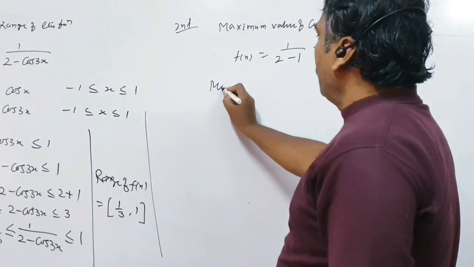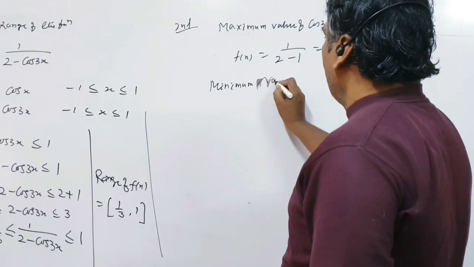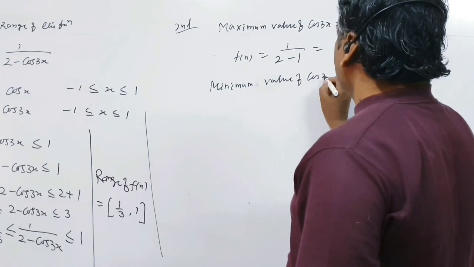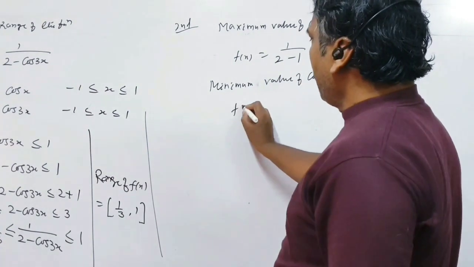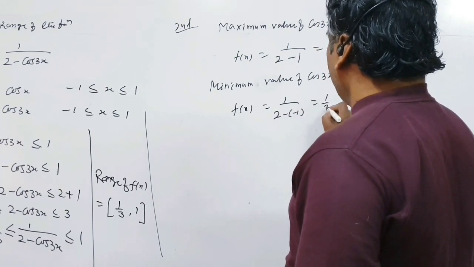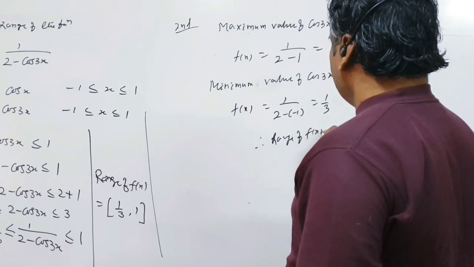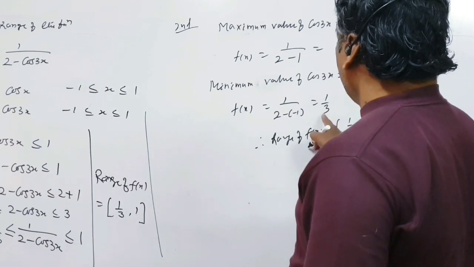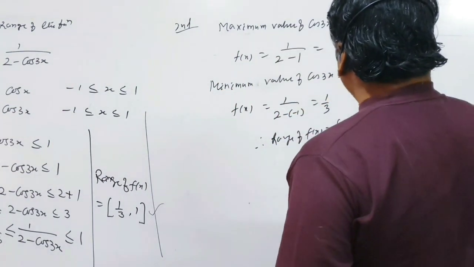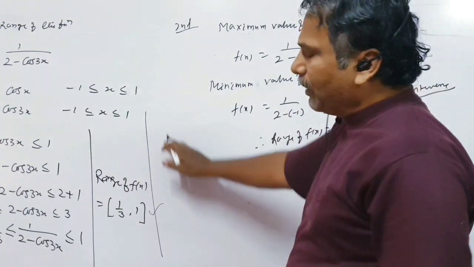What is the minimum value of cos 3x? It is minus 1. So f of x equals 1 by 2 minus of minus 1, which is 1 by 3. Therefore the range of f of x has minimum 1 by 3 and maximum 1. The same answer. This is for entrance purposes.